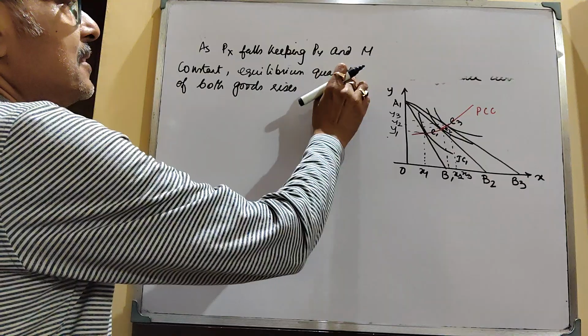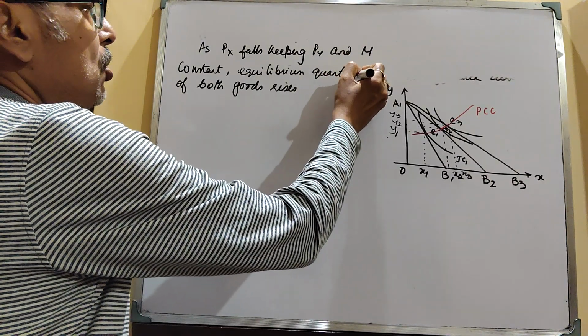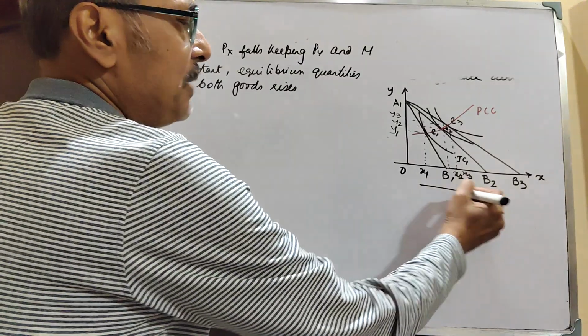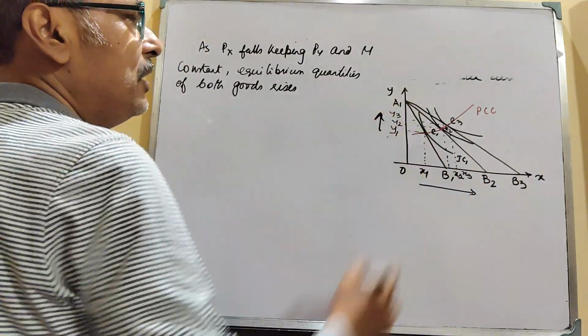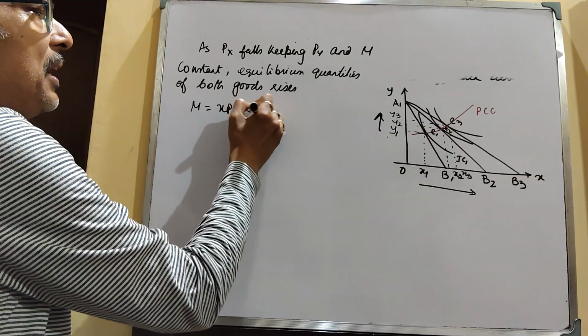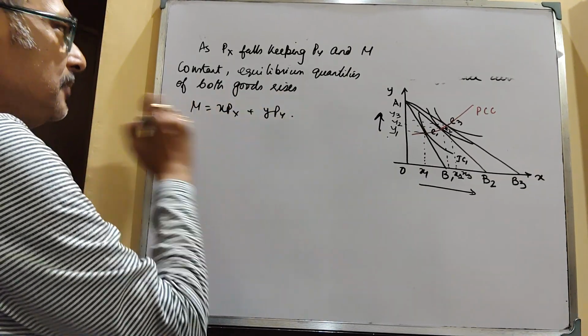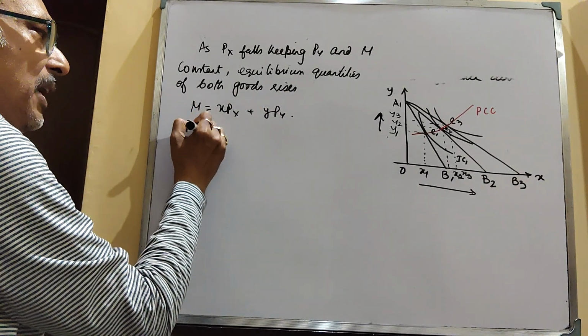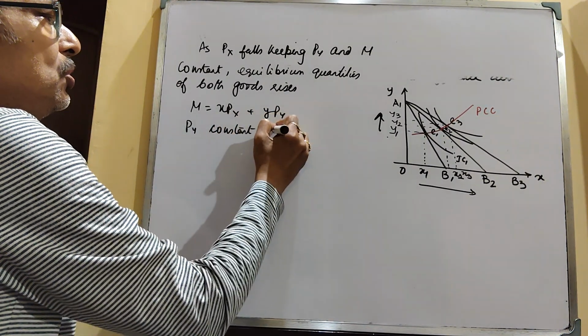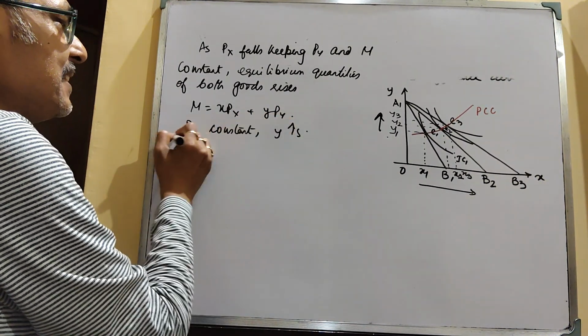Equilibrium quantities of both goods rise from x1 to x3, y1 to y3. Now M equals to what? X Px plus y Py. Now Py constant, y rises. What does it mean?